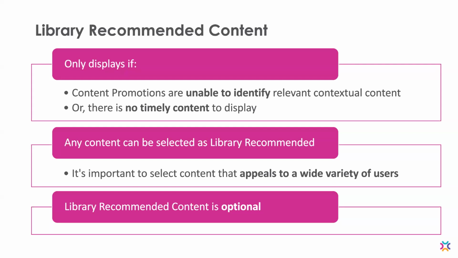But if you want to just get content out there, and maybe this is a chance to promote a cool staff pick list or a neat online resource or maybe a news post, you could use library recommended content. This is only going to display if we don't have contextual content, like we have no metadata, we can't make a match, or if there's no timely content to display.